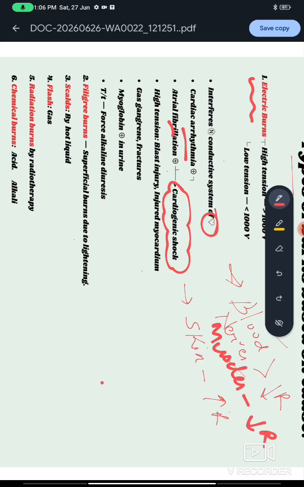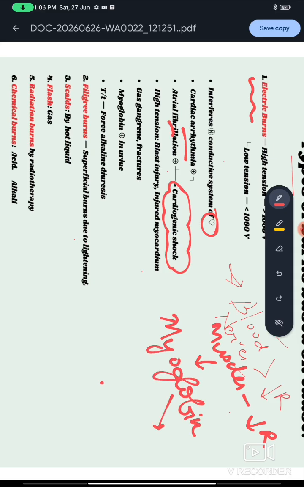So when the muscle is damaged, then myoglobin is released, which affects the kidney.